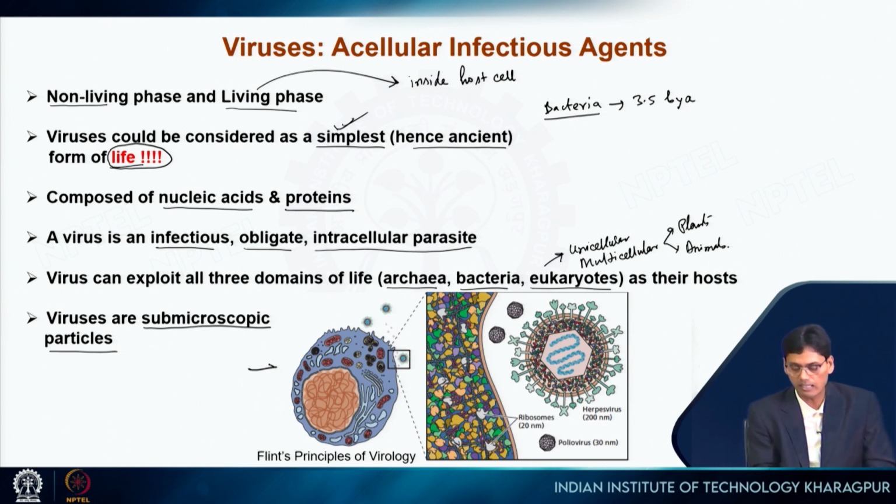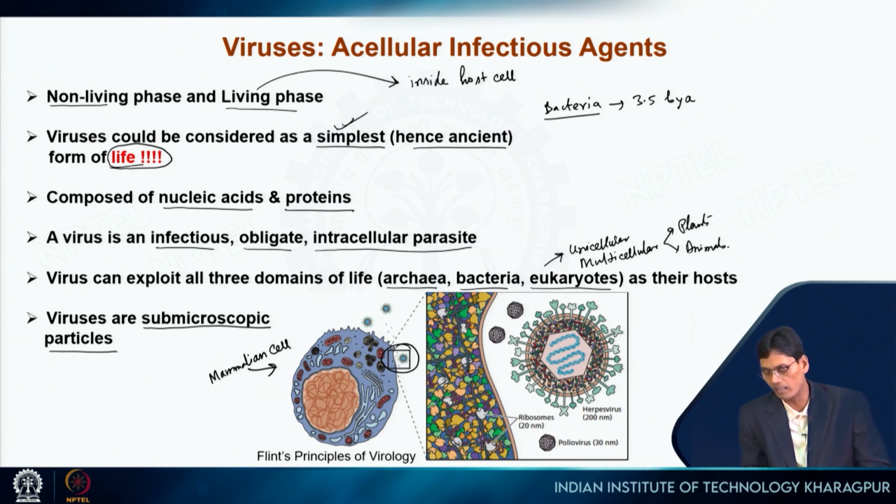This is a mammalian cell. Now here, only this portion is shown in a much larger view. As you can see, these are the ribosomes present in this cell, and the diameter is roughly 20 nanometers. And as you can see, the smallest viruses, or the viruses on the smaller side, are approximately 30 nanometers, for example poliovirus.